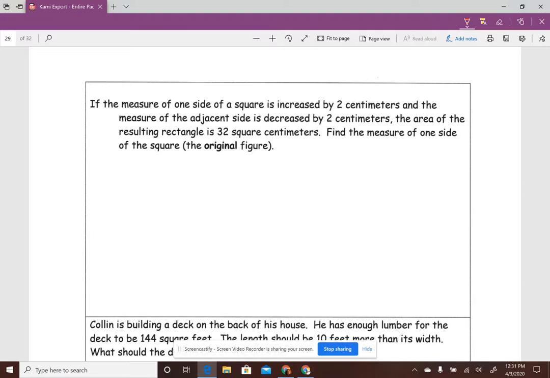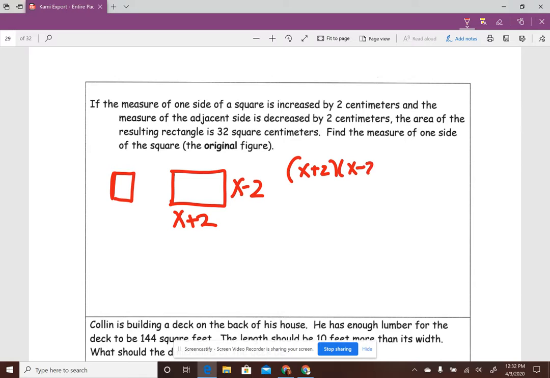Oh, boy, a square. You're going to spend a lot of time with squares and rectangles and triangles next year in geometry. All right, so I have a square, and one side of the square is increased by 2 centimeters, so x plus 2. The adjacent side is decreased by 2, so minus 2. The area of the resulting rectangle, so x plus 2 times x minus 2 equals 32.